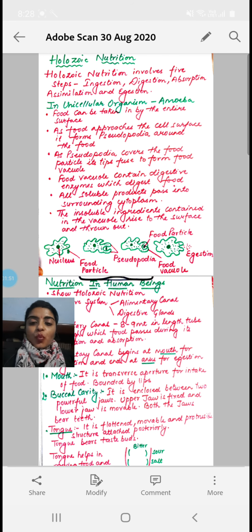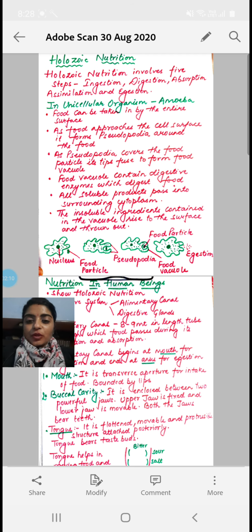Clear? So what happens when the food approaches near to the amoeba? Basically, the entire surface of amoeba is helpful in taking the food.